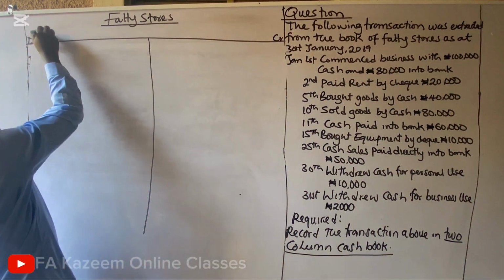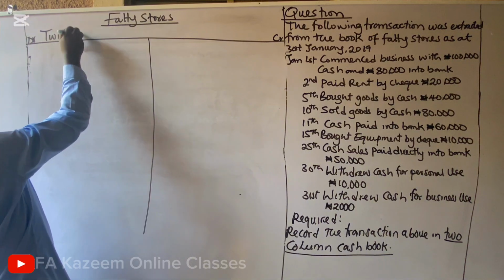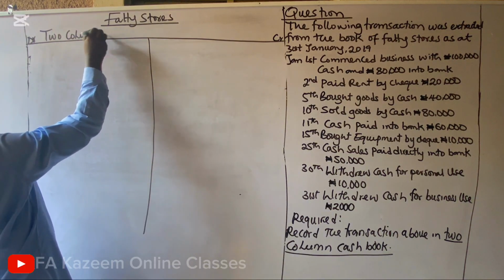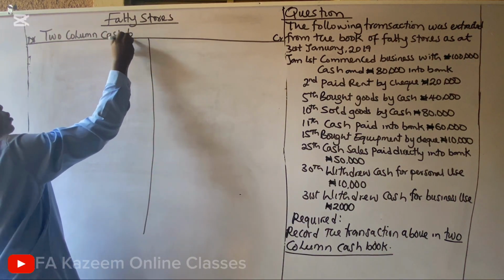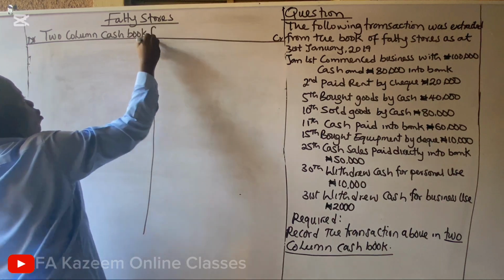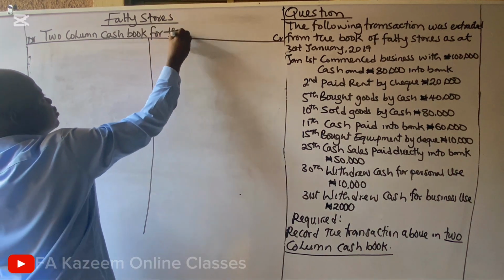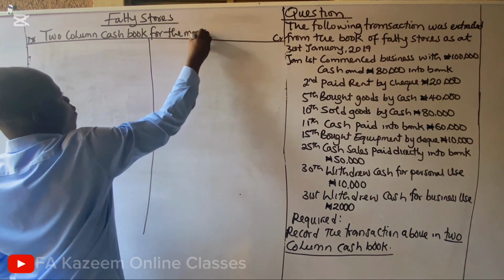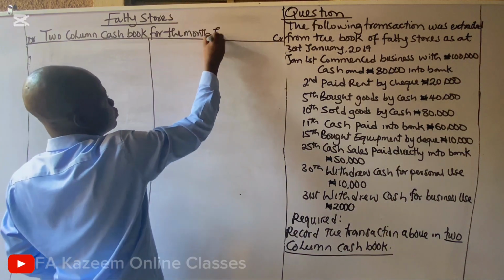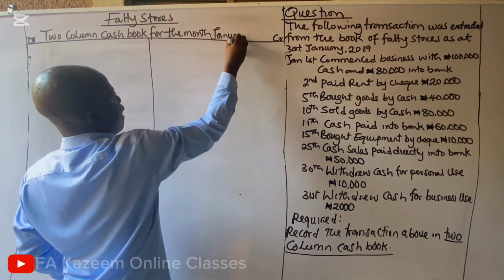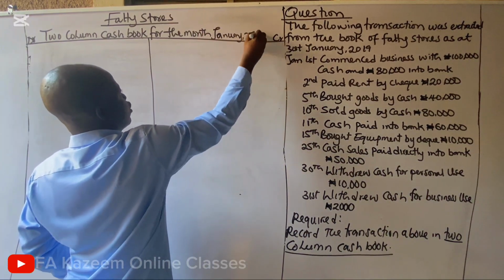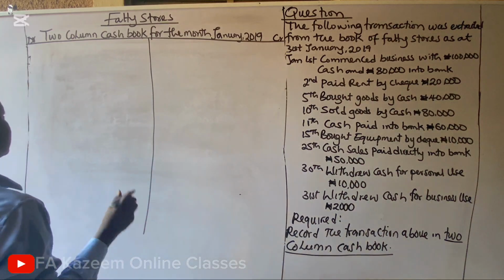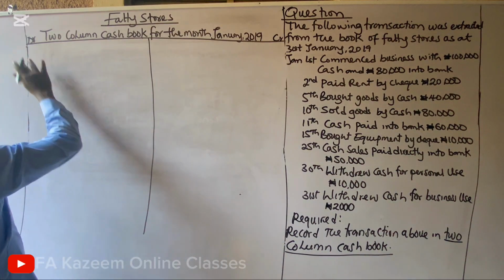And the heading will be two-column cashbook for the month of January 2019.